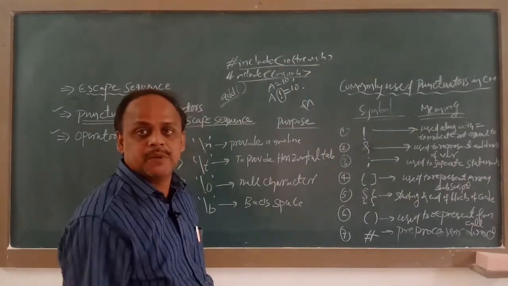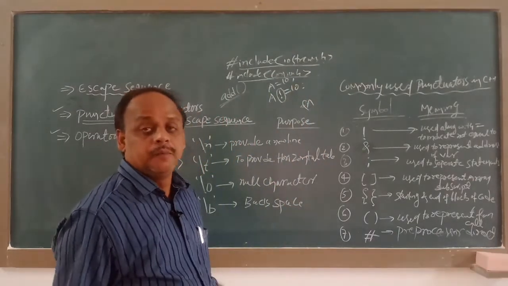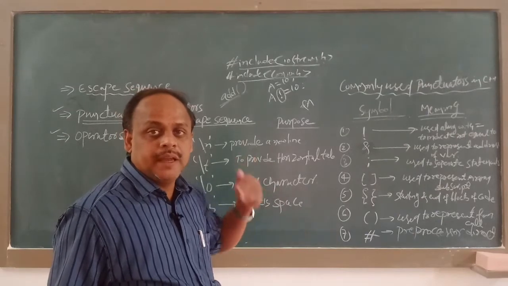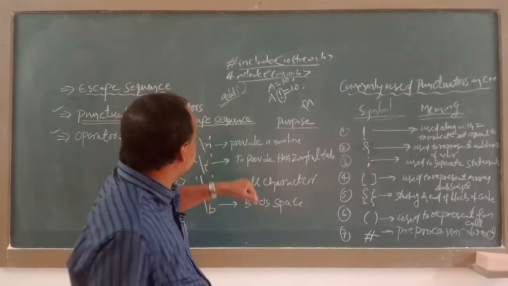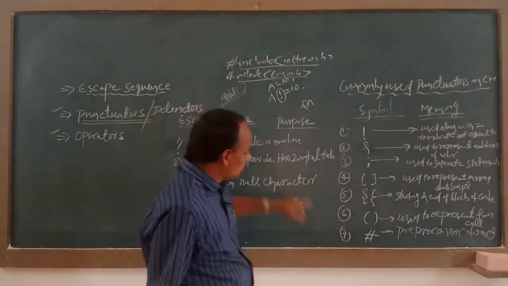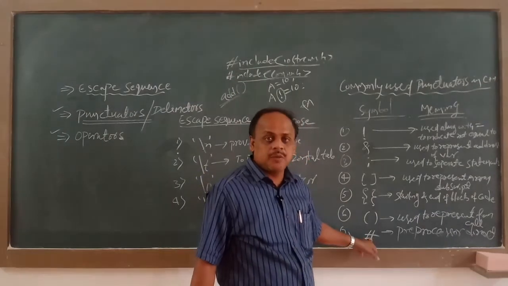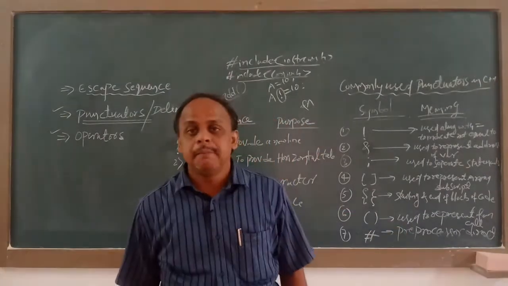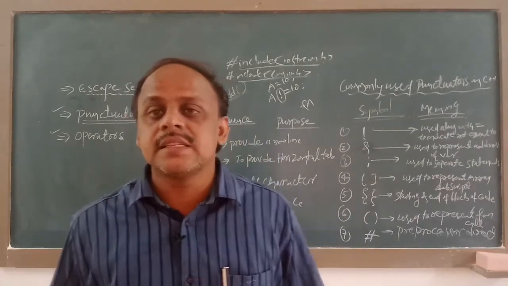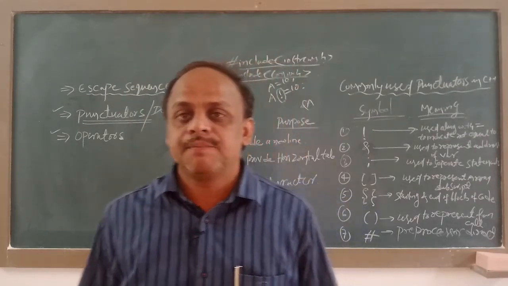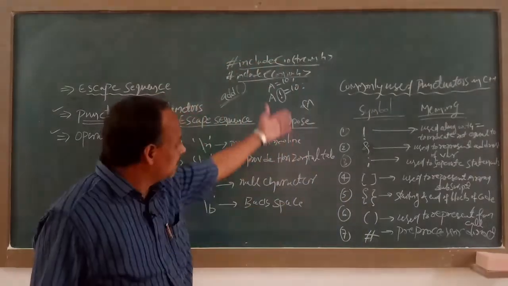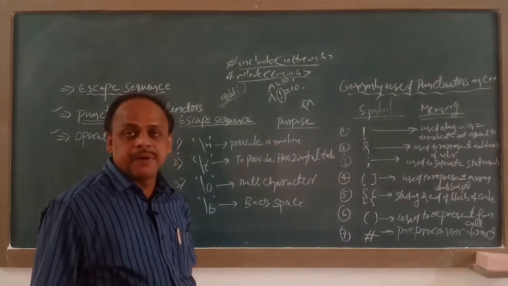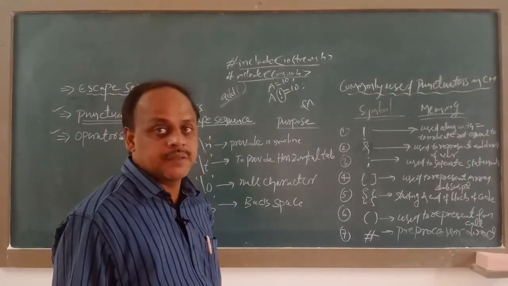To write a preprocessor directive, a punctuator is placed before it, called the hash symbol. So we use the hash symbol to represent preprocessor directives in C++ programming, right? So these are the commonly used punctuators in C++.